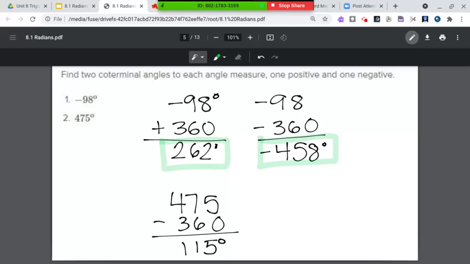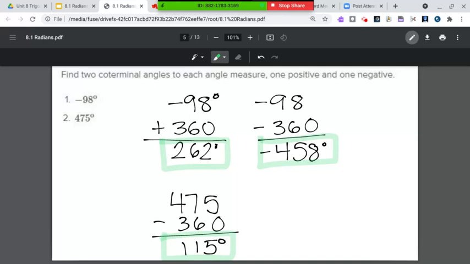So if in the coordinate plane I drew a 475 degree angle, and then drew a 115 degree angle, they would stop at the same exact spot. Okay? They are coterminal. Now, I need a negative measure.